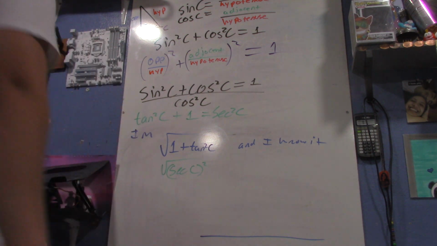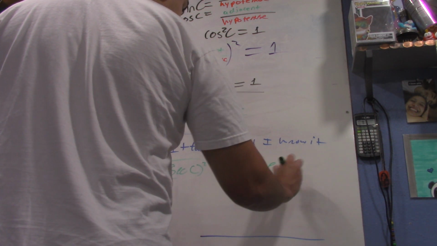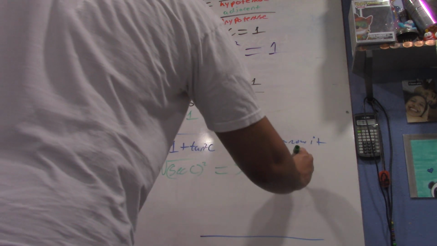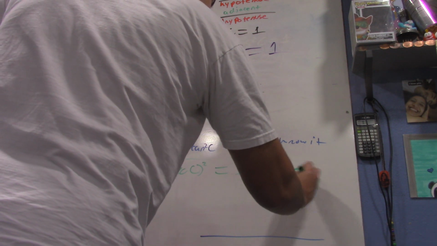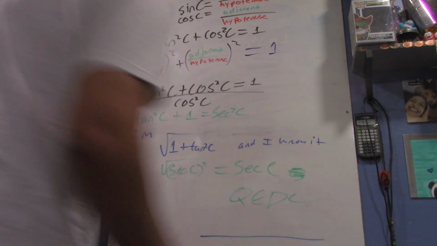The square root and that exponent cancel out, giving us just secant of C. Meaning, I'm sec C and I know it. Freaking hilarious. QED. Thank you.